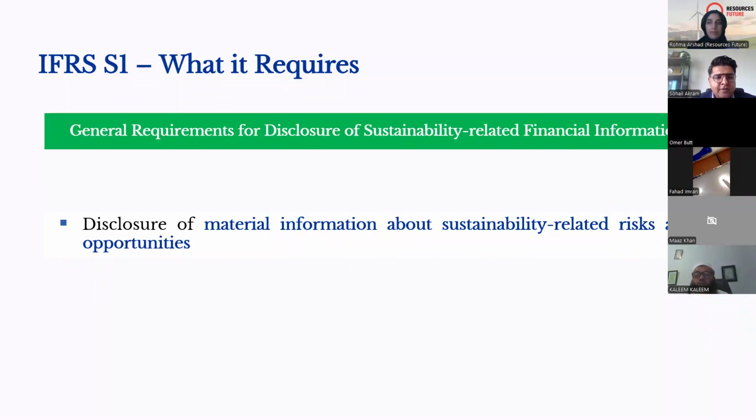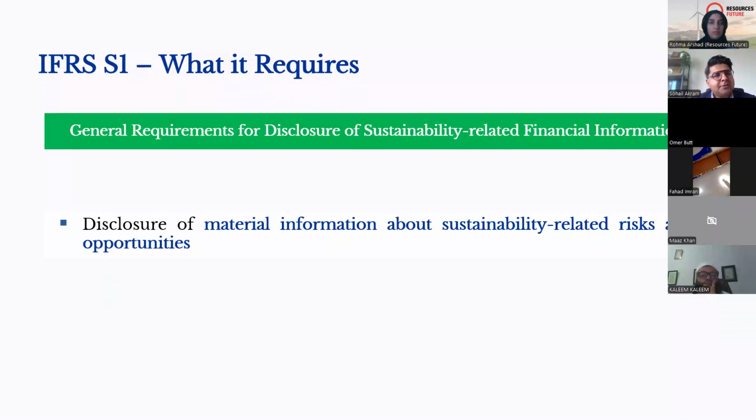So the first point is to not disclose all risks and opportunities that are related to ESG. Rather, the focus or the identification process would be around the material risks and opportunities.